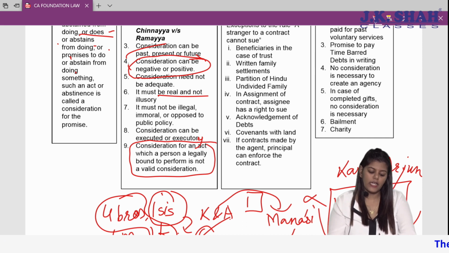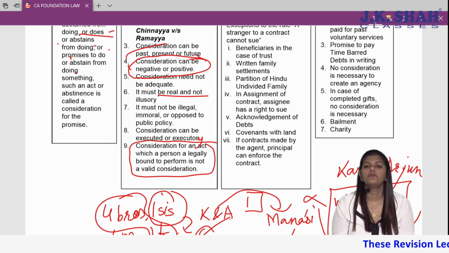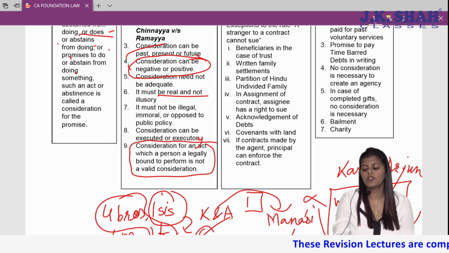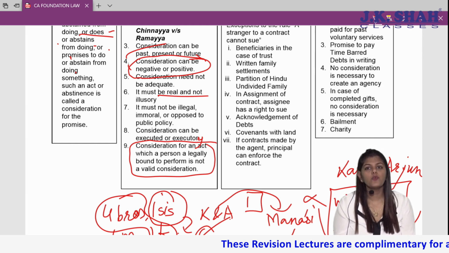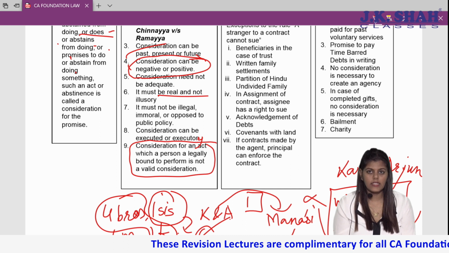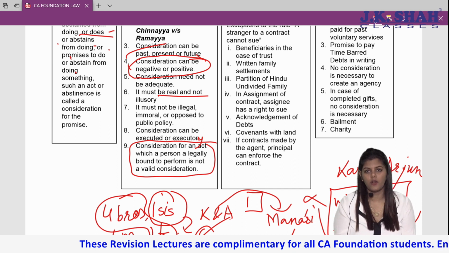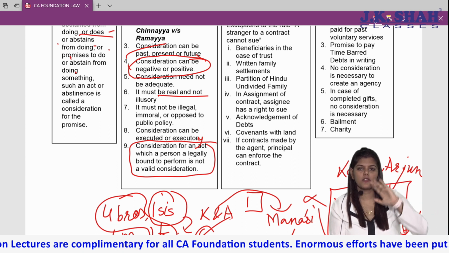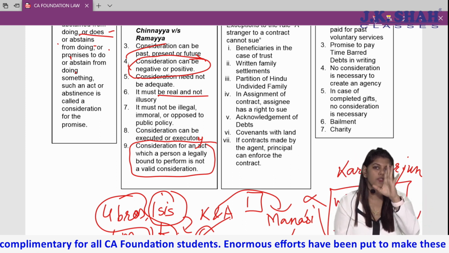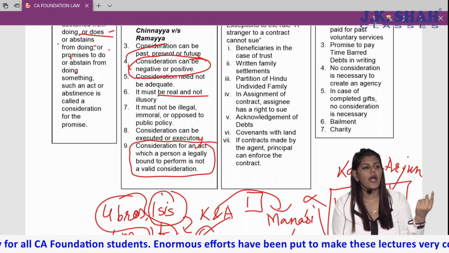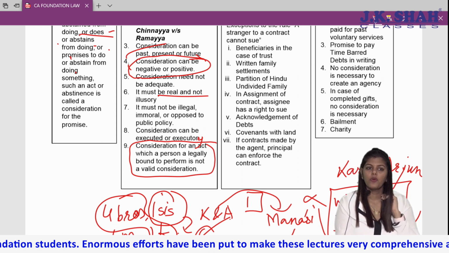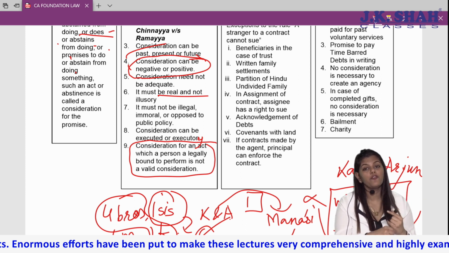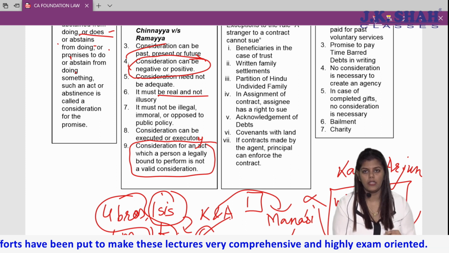Then acknowledgement of debts. For example, let's say I was supposed to repay you 10,000. Fine. I am giving 10,000 to my assistant and I am telling him, please give this to you. So I sent him, I informed you, and then he also informed you that your money is with me.